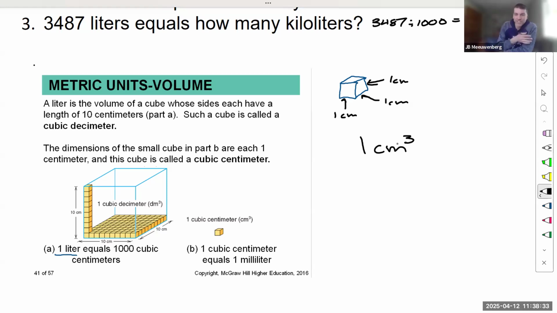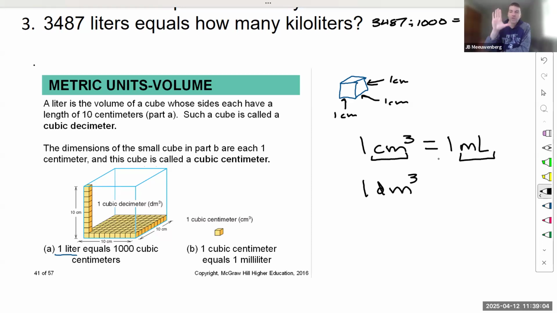We talked about cubic inches in the previous video. We use a cubic centimeter to measure 1 milliliter. What you'll notice here is that a metric unit of distance, when you cube it, is connected to a metric unit of volume. A cubic centimeter is equal to a milliliter. The same thing over here, a cubic decimeter. Remember, put your hand out and measure from the base of your thumb up to the tip of your index finger.